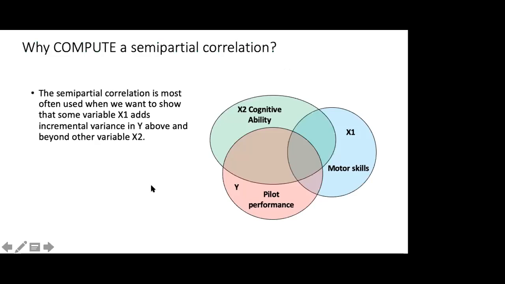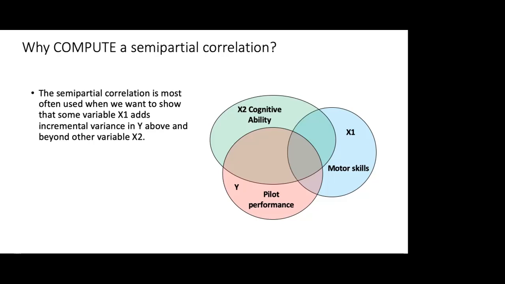Okay, so why would we want to compute a semi-partial correlation? Before we talk about regression, let's talk about another scenario where we might be interested in that. The semi-partial correlation is most often used when we want to show that some variable x1 adds incremental variance in y above and beyond some other variable x2.